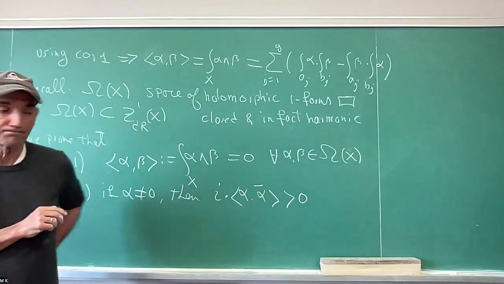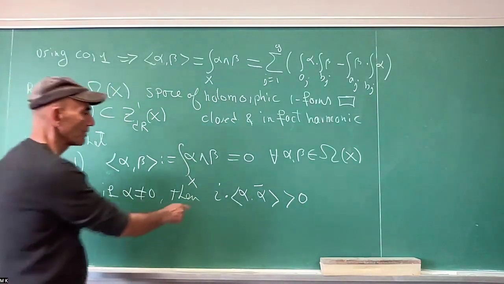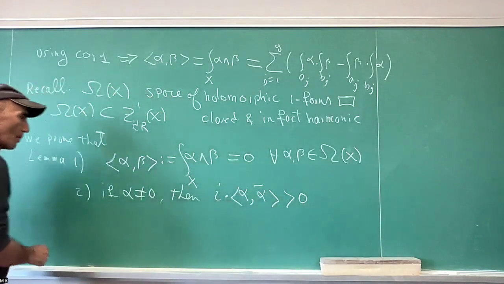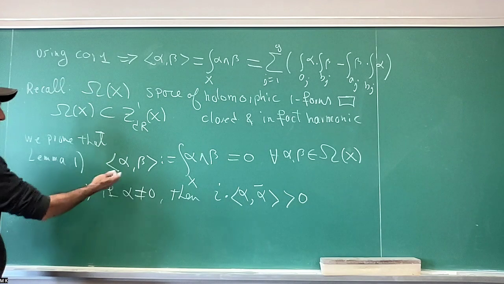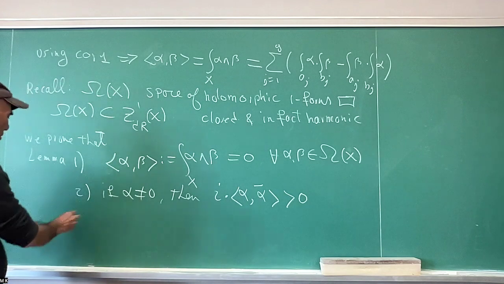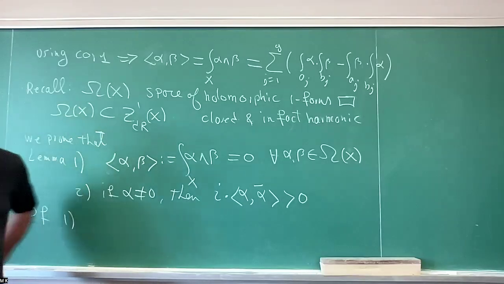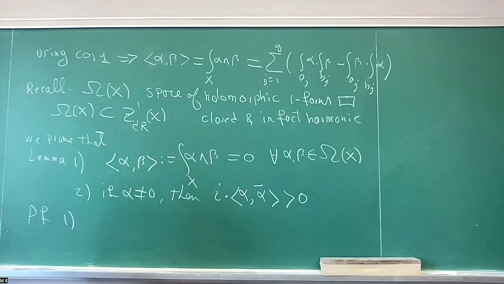Here i is, of course, the complex imaginary unit. Let's recall the proof. The proof of 1 was quite easy. Do you remember how we proved 1 and 2? They were quite straightforward, basically, if you know what objects you are looking at.